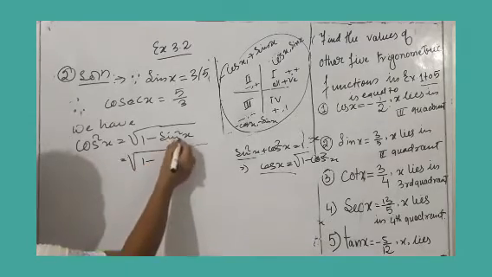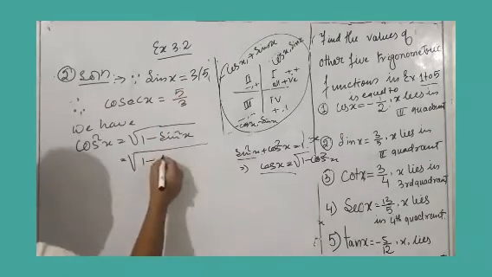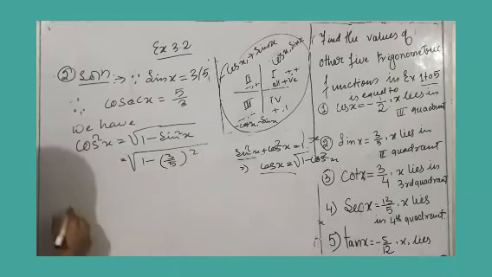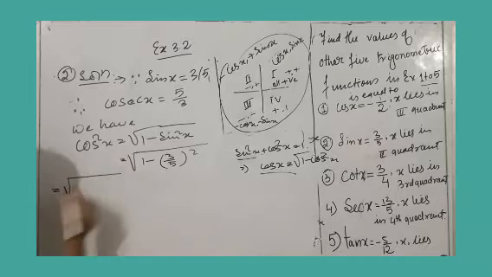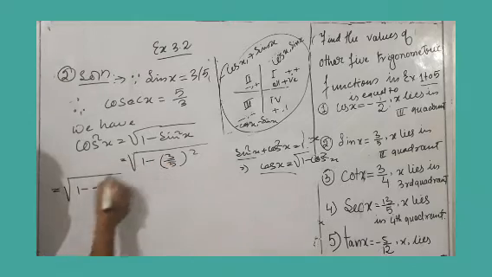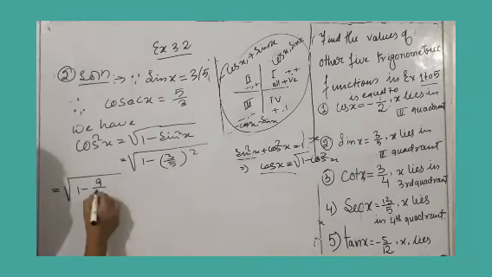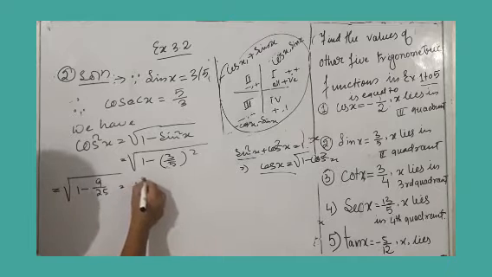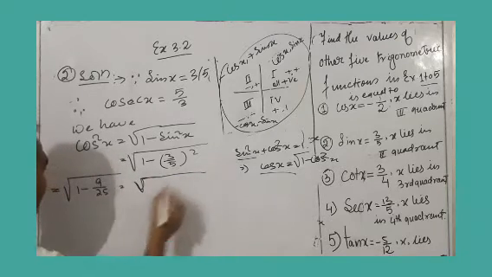One minus sin x, which is 3 by 5, whole square. So it will be 1 minus square of 3, which is 9, over square of 5, which is 25.